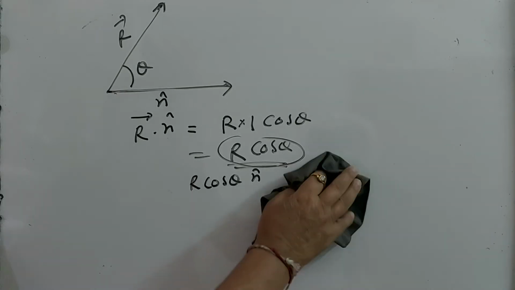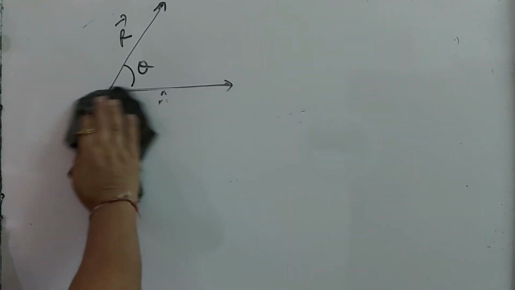Now in case we have to find out the component of a vector along a particular vector, you always remember 3 steps.